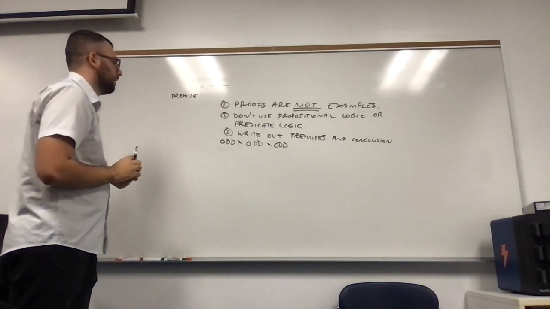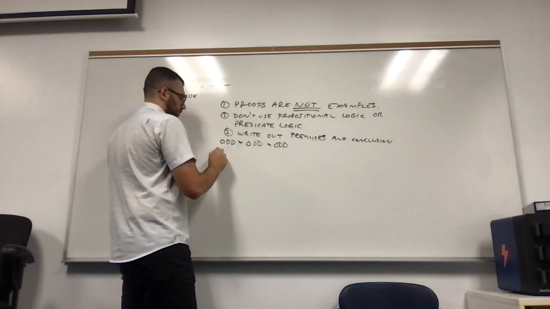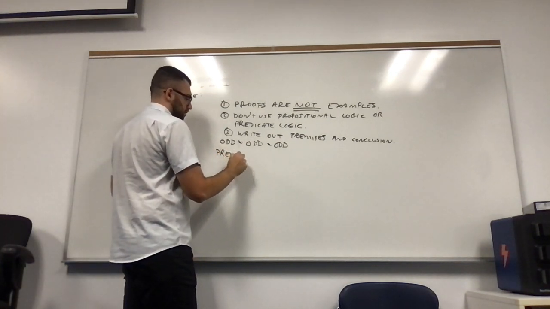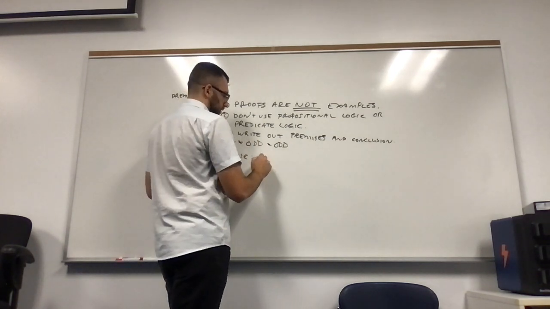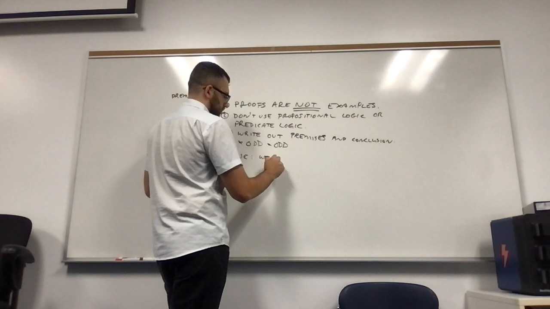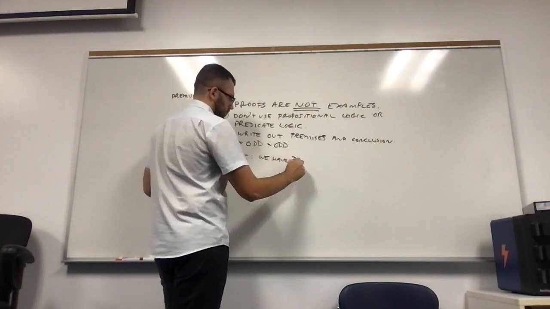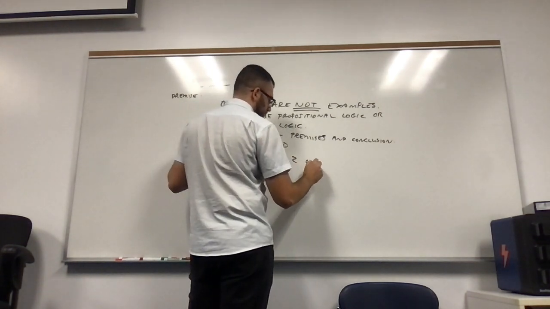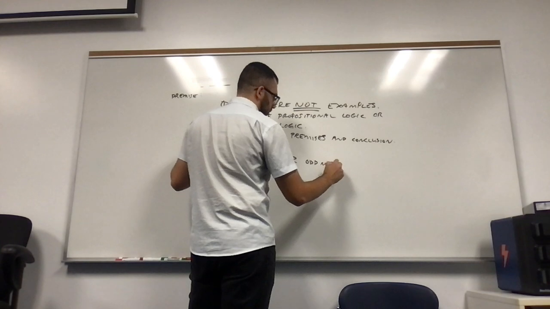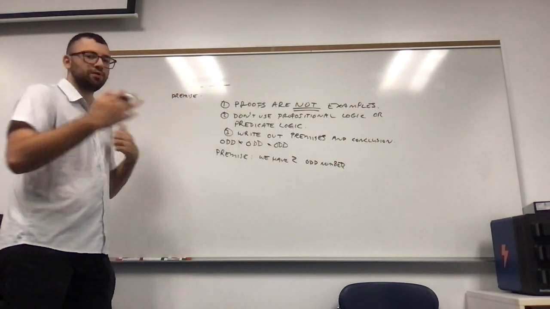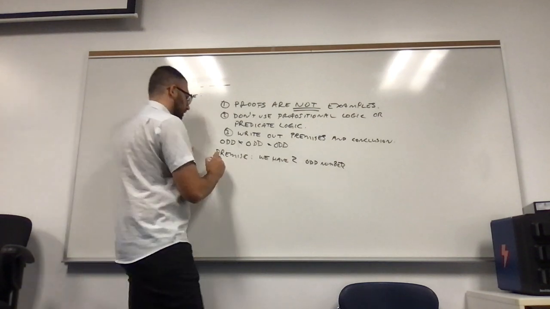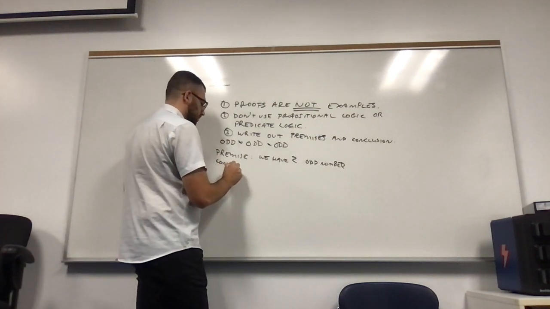So what's the premise here? The premise is that we have two odd numbers. Think about what we are given. The premise is what we're given: two odd numbers. The conclusion is what we want to show.